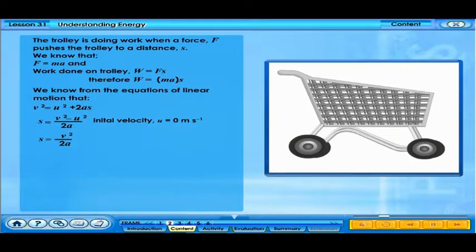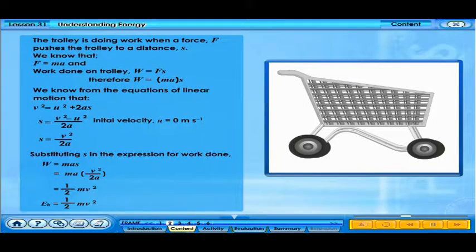Since the trolley was initially at rest, the initial velocity is 0 meter per second. The final velocity after the trolley is displaced by s meter is v meter per second. From the equation of linear motion, substituting u equals 0, we get s equals v squared over 2a.